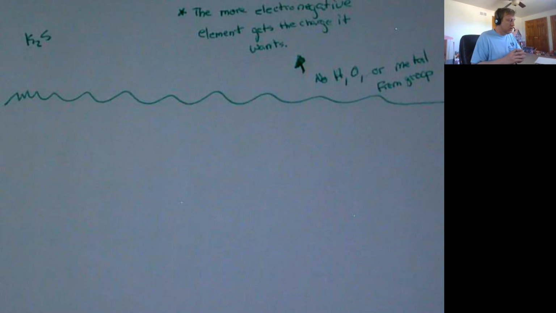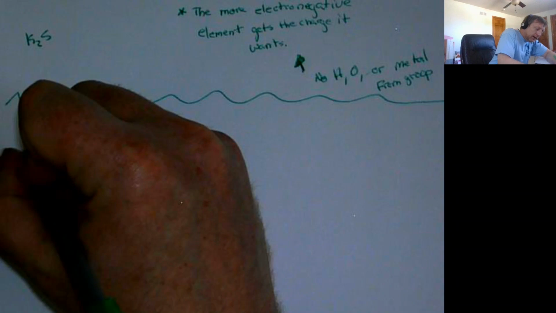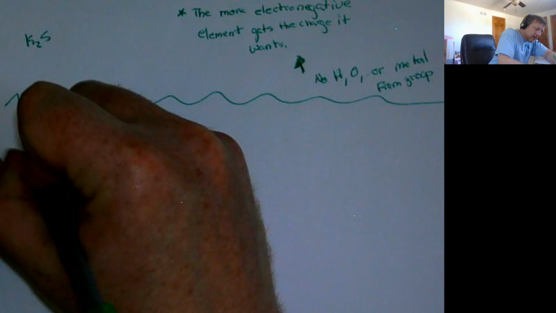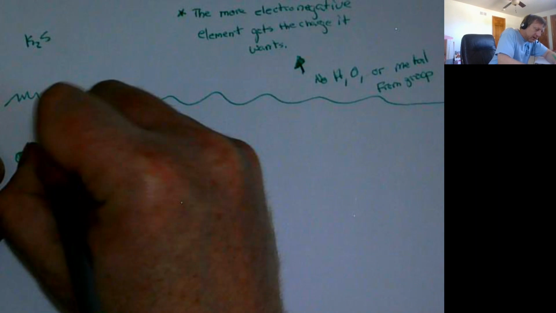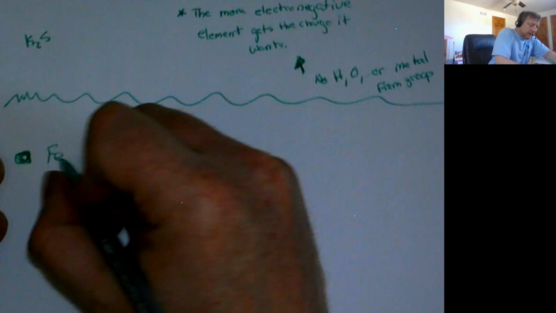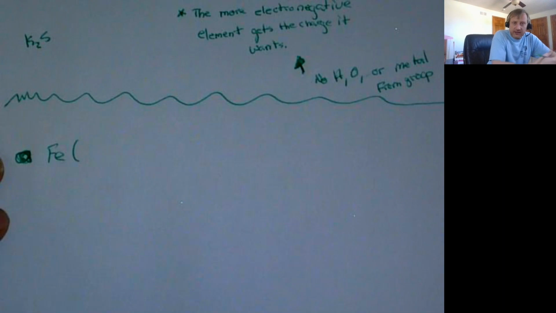All right, let's get beyond that and do an example of something a little more complicated. This one will take a bit of extra thought to tell the oxidation states of everything in here.